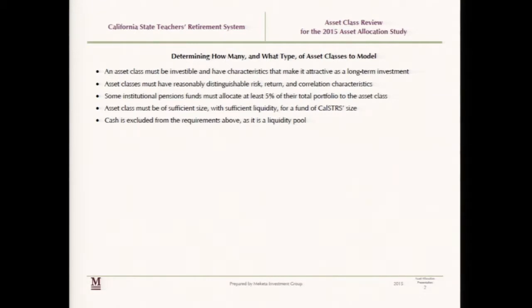All of the asset classes that we model, we have to be prepared to recommend that funds invest in. Secondly, asset classes must have reasonably distinguishable risk, return, and correlation characteristics. We want to make sure that the asset classes that we're modeling have a likelihood of zigging and zagging at different times to provide at least some modest diversification benefits.